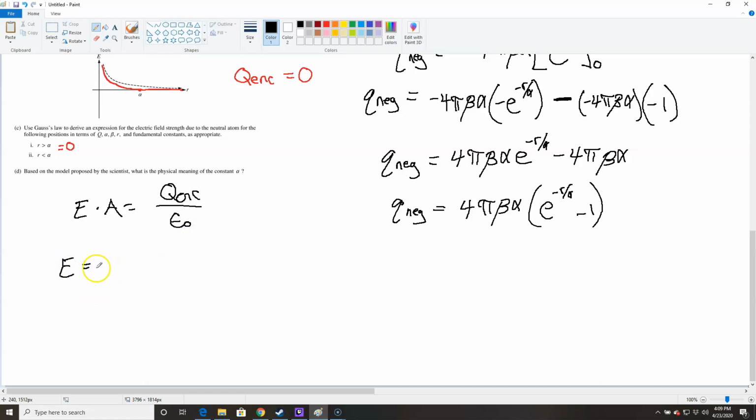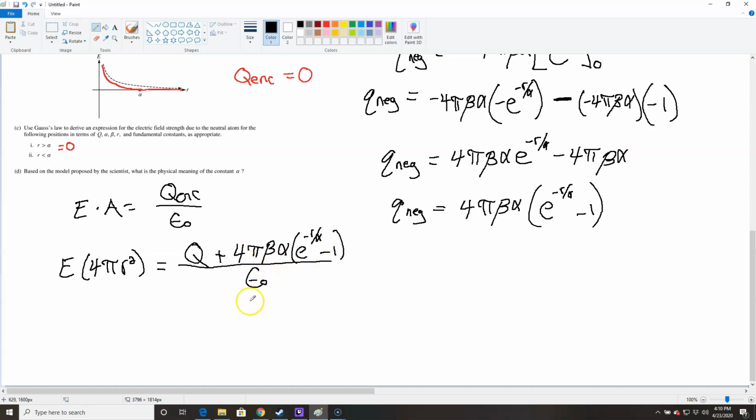The Gaussian surface, since it is a sphere, is going to have a surface area of 4 pi r squared. Q enclosed will equal plus Q from the nucleus, and then what I just solved right here, which is 4 pi beta alpha times e to the negative r over alpha minus 1, all of which is divided by epsilon naught.